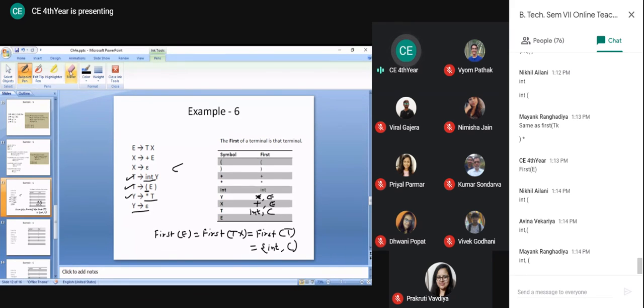So we are getting integer and opening parenthesis in the set. So I think it is clear now.